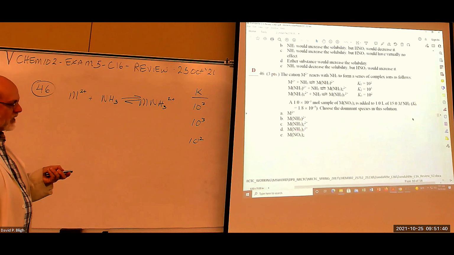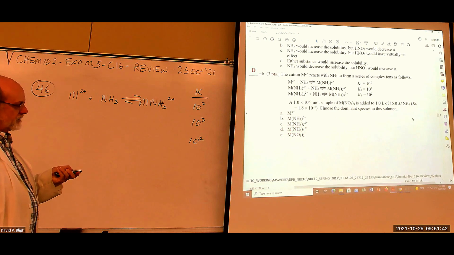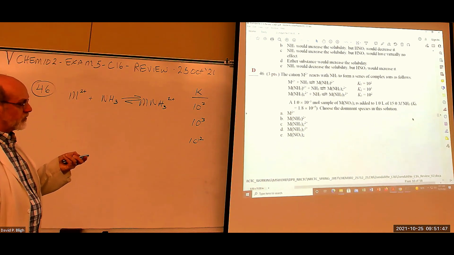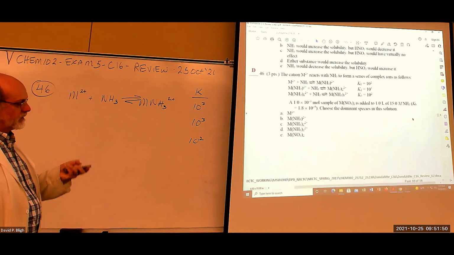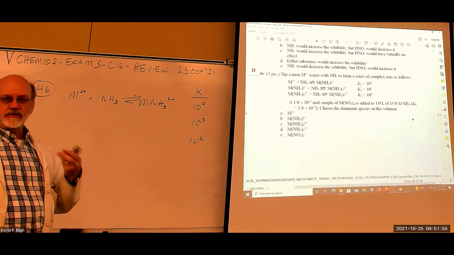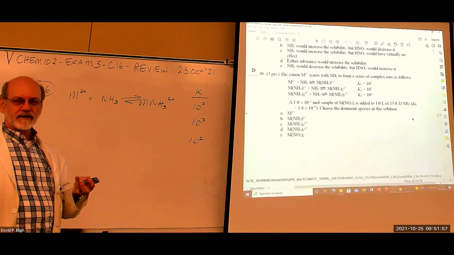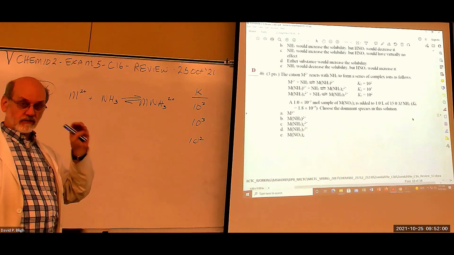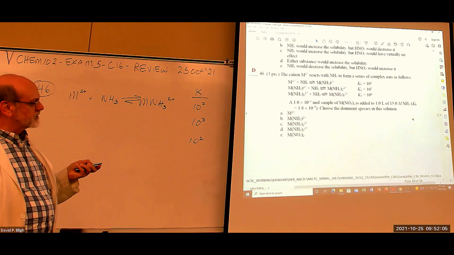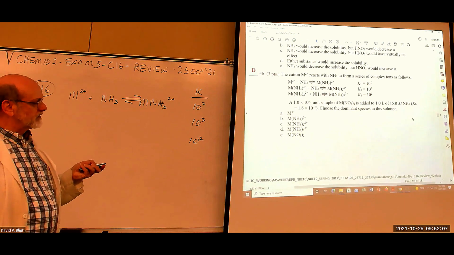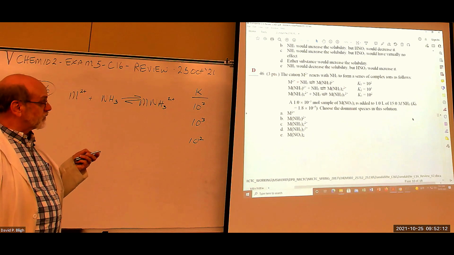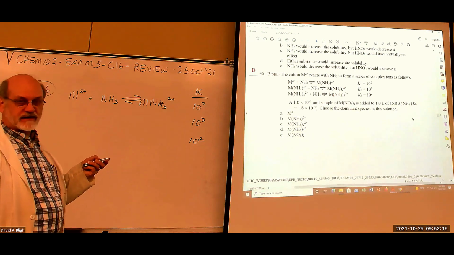The focus here is on the ammonia complexes, and to recognize that the equilibrium expression here goes all the way down here. In fact, you can do a composite. Just add these together, and then the K's you multiply, correct? If you add the reactions together, you multiply the K's. So 10 squared times 10 to the third times 10 would be 10 to the 7th, the equilibrium expression for this all the way down to that.